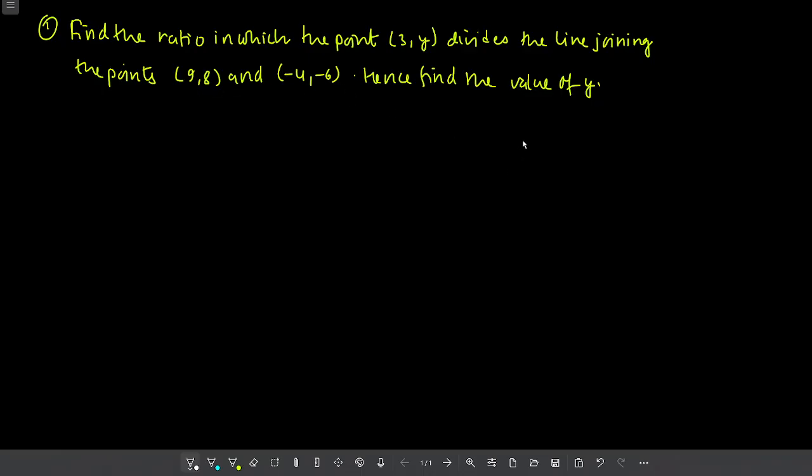This is a straight line joining these 2 points, 9 comma 8 and minus 4 comma minus 6. These are the two extreme points, and there is a point in between, 3 comma y.